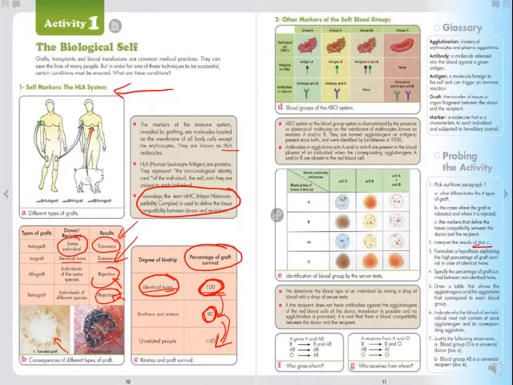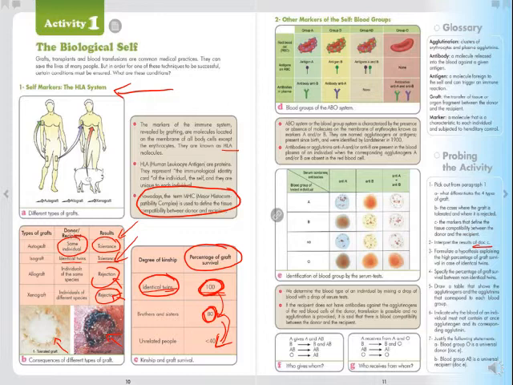Part 3. Formulate a hypothesis explaining the high percentage of graft survival in the case of identical twins. What can we say about this hypothesis? We can say that maybe the identical twins have identical HLA, or they have the same HLA. Okay?